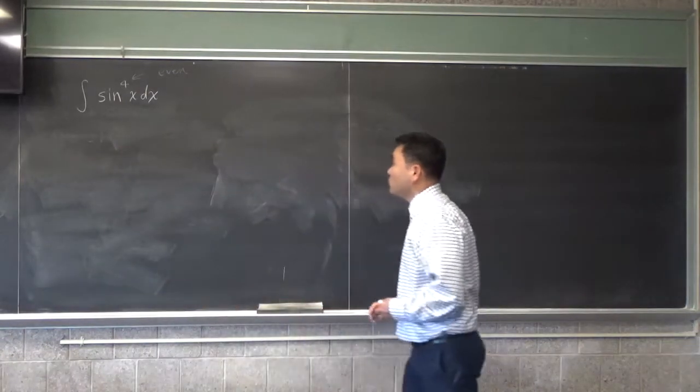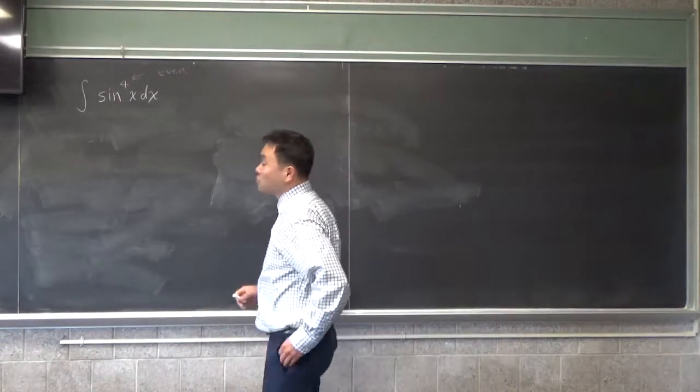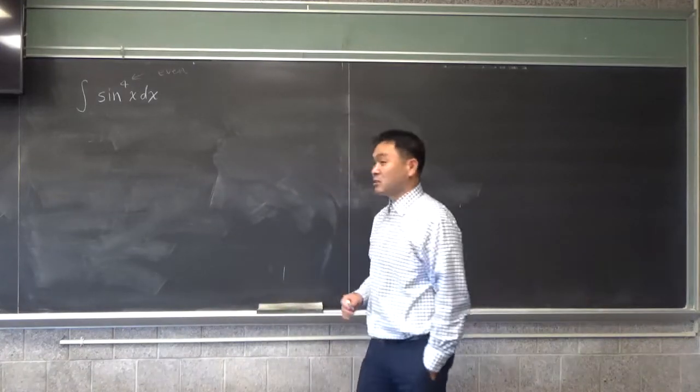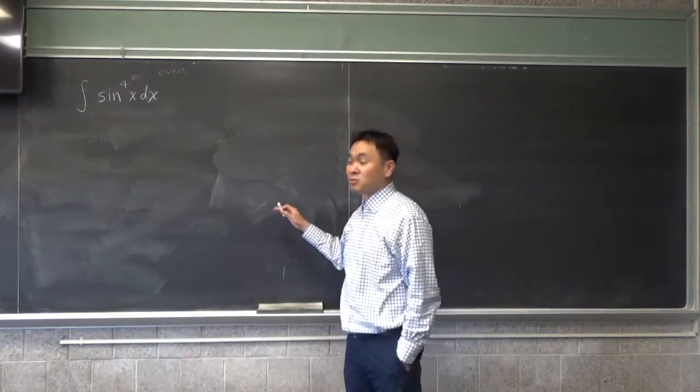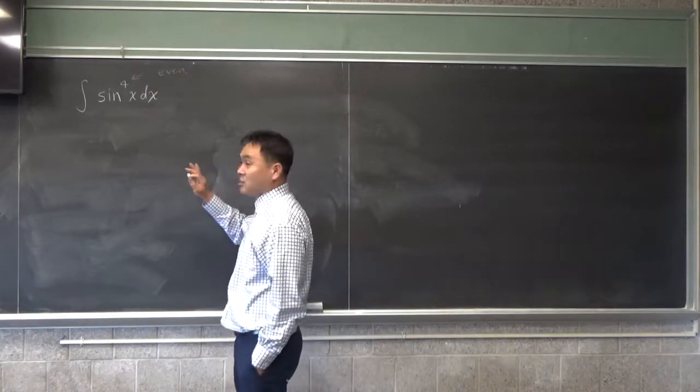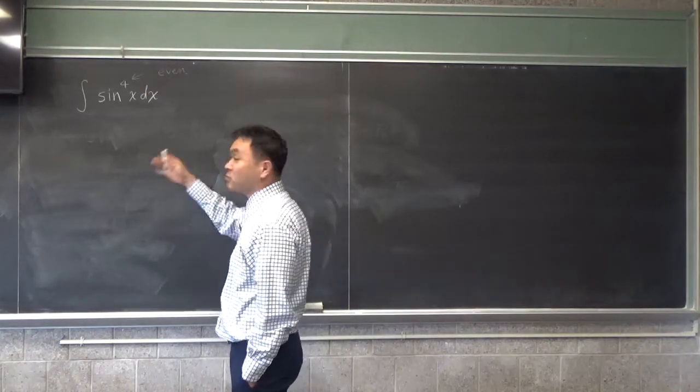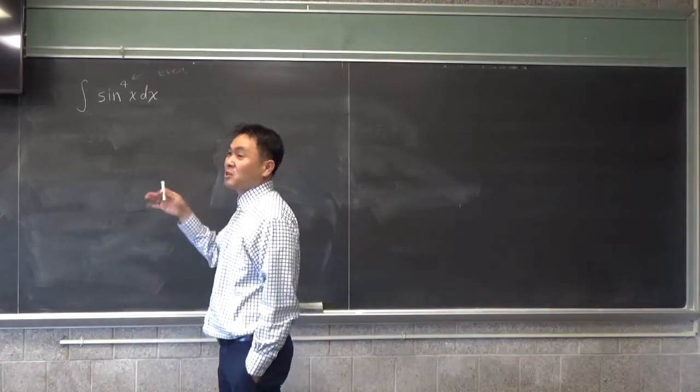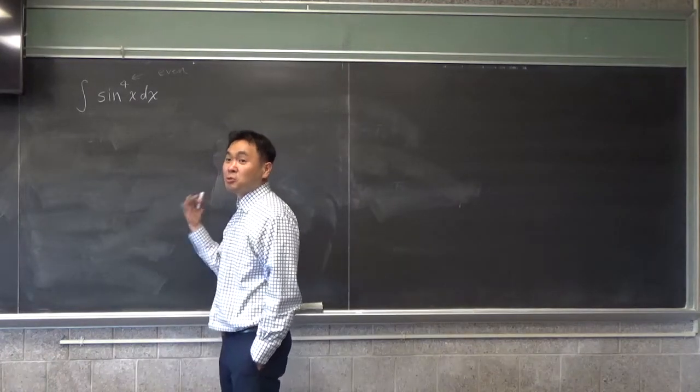So you have to use a completely different strategy for integrating this, and even the antiderivative looks completely different than the odd power case. Okay? So you just have to know that those two integrals look similar, but the approach is totally different.